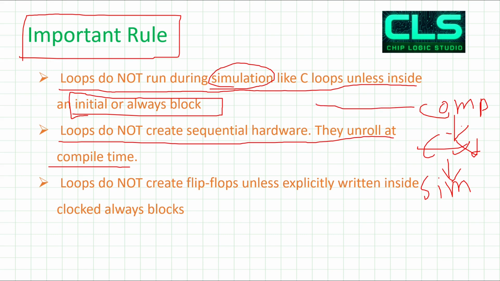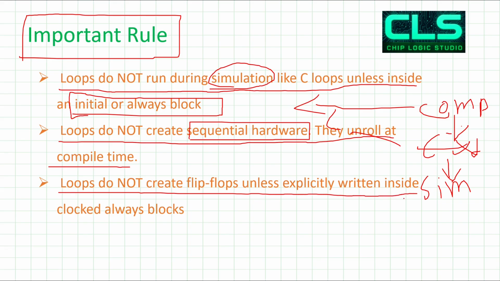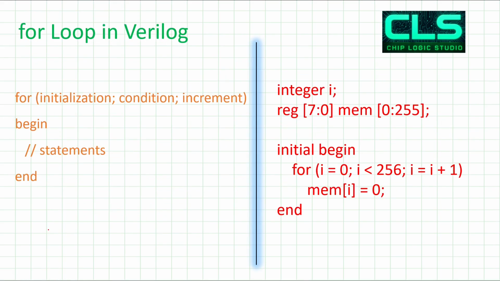In these compilation and extraction phases some things may create hardware but some may not. This is the general loop statement rule, and loops do not create flops unless explicitly written inside an always block. So you have to write the code as per the hardware you want. This is the thing you should remember when writing any Verilog line, statement or code.